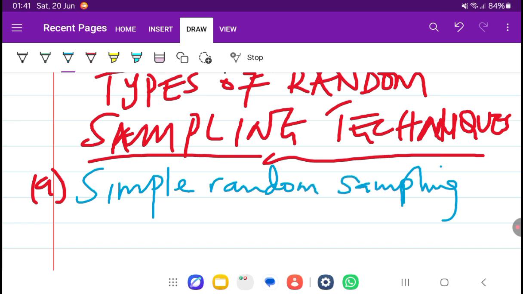Of course, simple random sampling is the technique that is mostly used, and it is the very basic method among the probability sampling techniques.